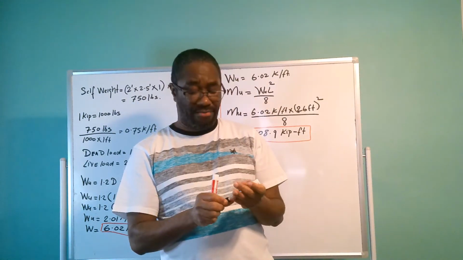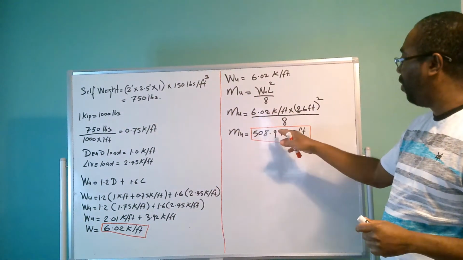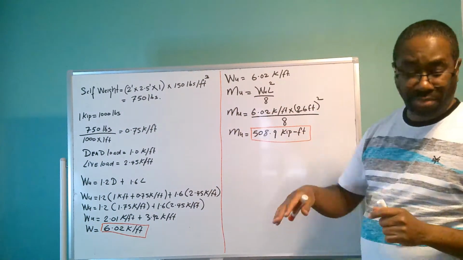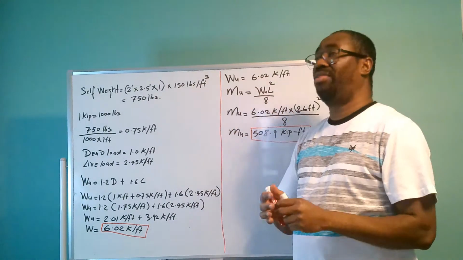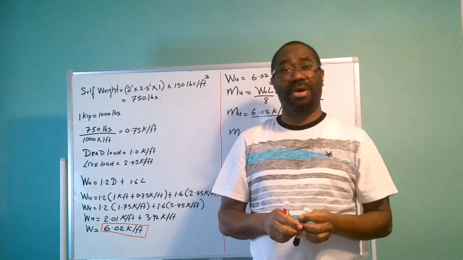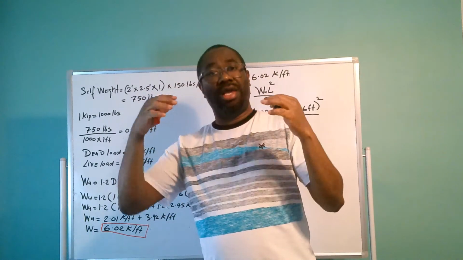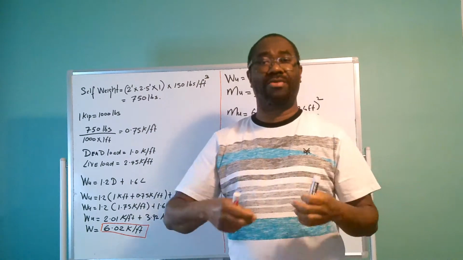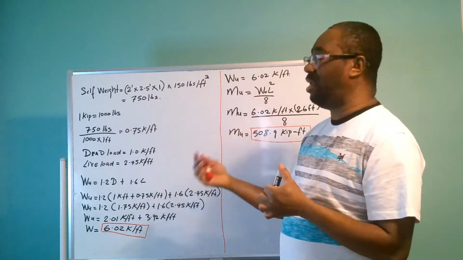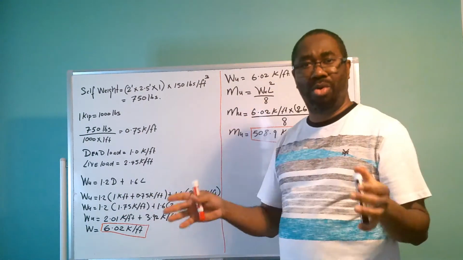And you have seen in my previous examples, we have done a lot of calculation to come up with the maximum bending moment. And I did say to you that the reason you calculate the maximum bending moment is to calculate the area of steel, or the amount of reinforcement that is going to be needed to go in the beam to withstand the load.